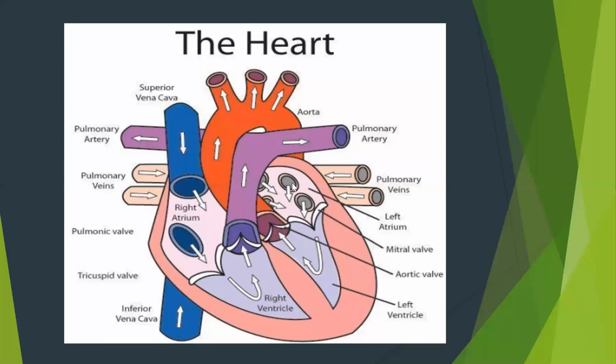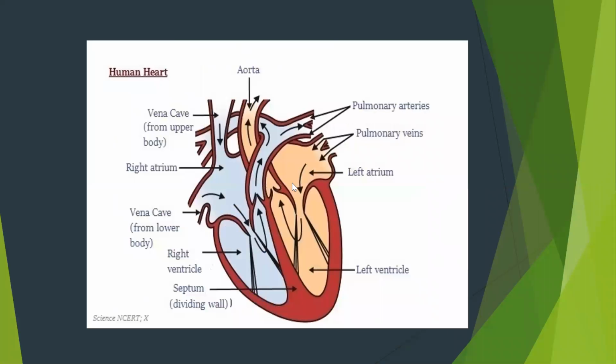According to me, it's clear. For me, it's okay, but for you guys, it's a little difficult. So here, I just want to show you the location of these valves, and the division into atriums and the ventricles, and these are divided by the septum.